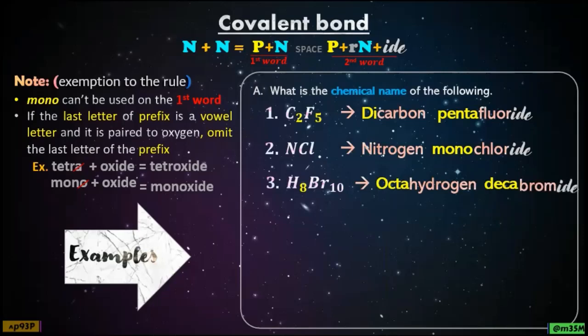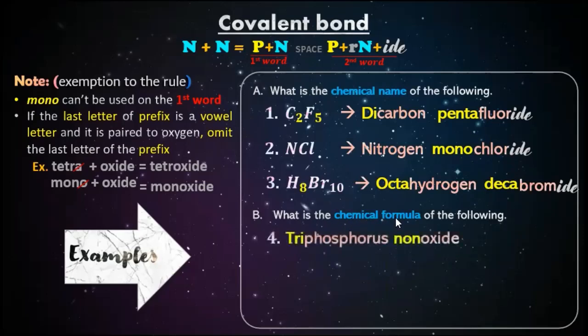Okay, so let's have the second example. What is the chemical formula of the following? In the first set of examples, given is the chemical formula and we are asked to give the chemical name. This time, given is the chemical name, we are asked to give the chemical formula. Triphosphorus nonoxide.